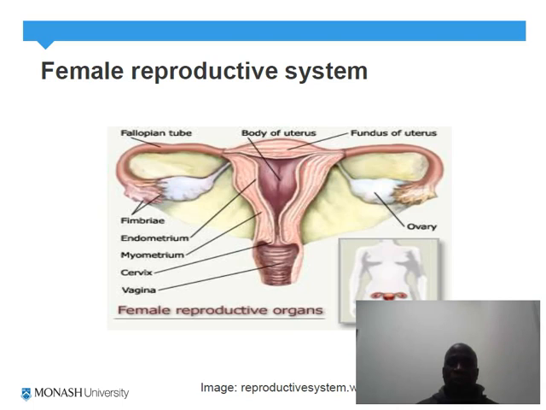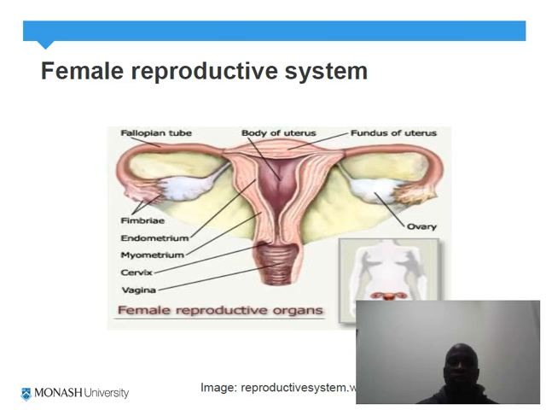Myometrium are the muscles of the uterus. Endometrium is a special layer of the uterus lining. That is a special tissue that plays a role in the development of the fetus.